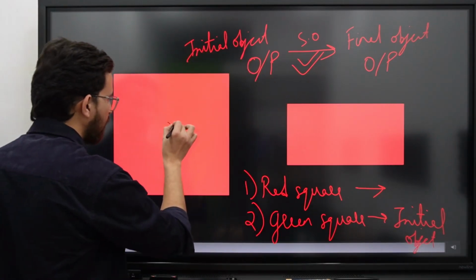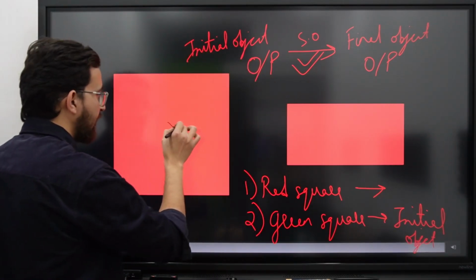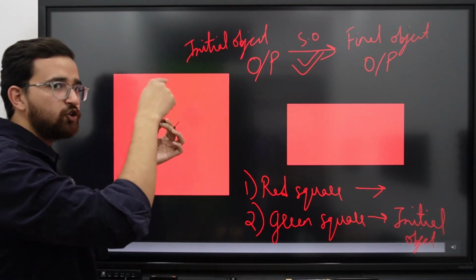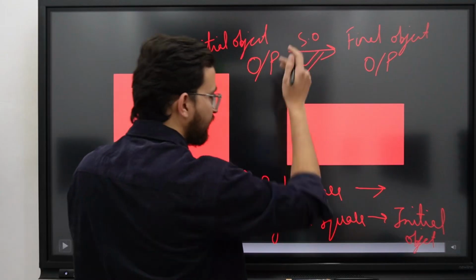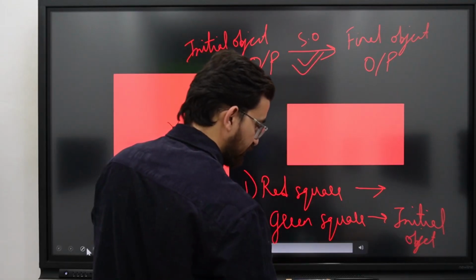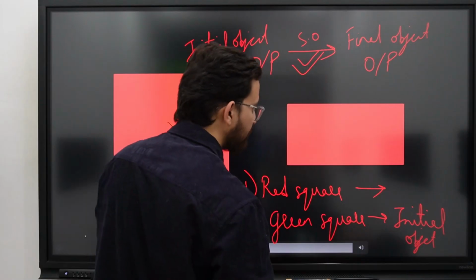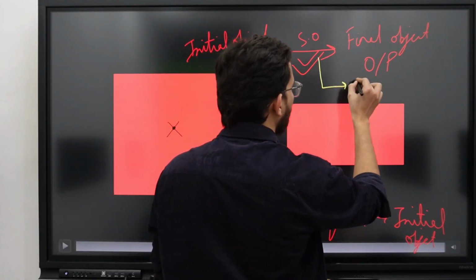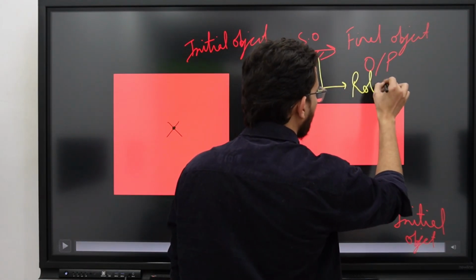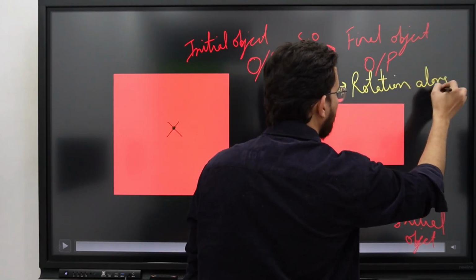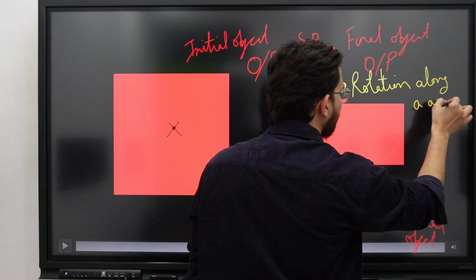Now I will imagine an axis going inside the square, which is rotating the square. The symmetry operation that we are talking about is rotation along an axis.